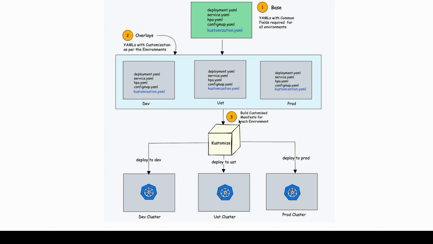After that, using Kustomize, we are deploying these sets of YAML manifest files into their respective clusters. This is a very simple tool to use, and it's a very good configuration management tool because it's very easy to learn, easy to implement, and it does not require any knowledge other than YAML.